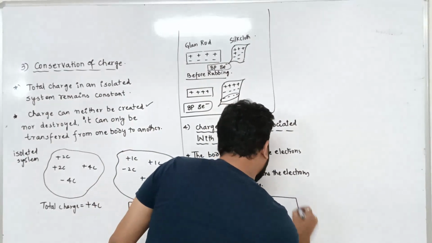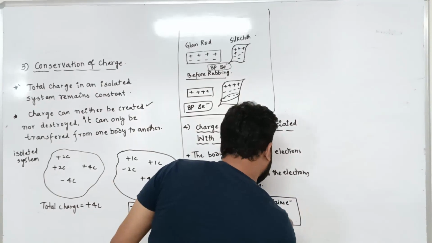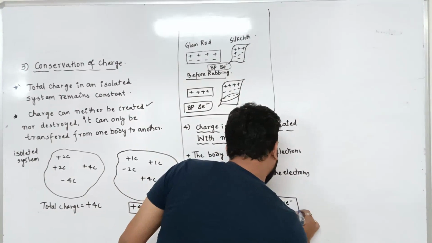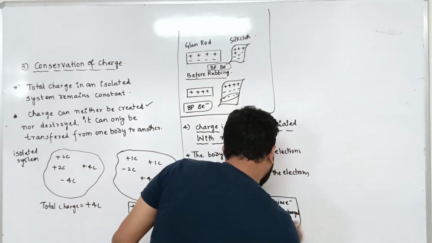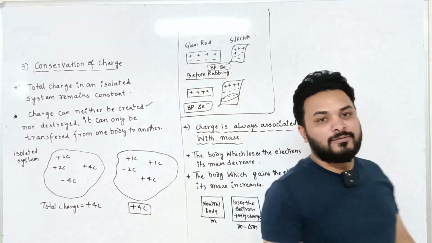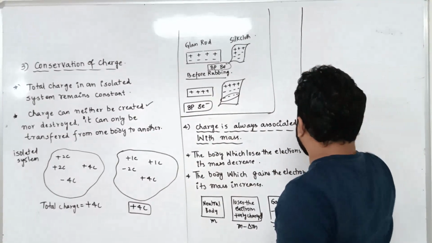Suppose this body gains electrons, it will be a negatively charged body, and its mass increases as m plus delta m. This is one of the properties of charge. Charge is always associated with mass.